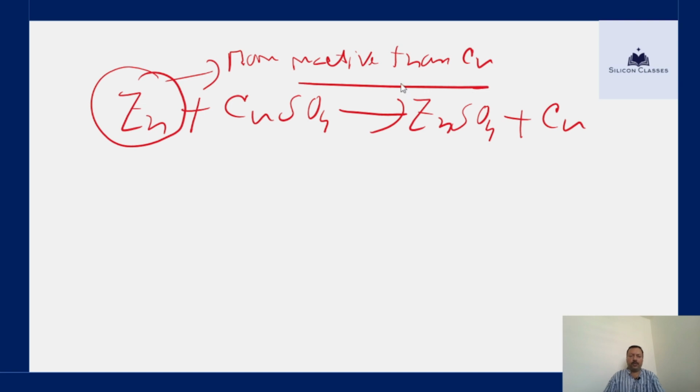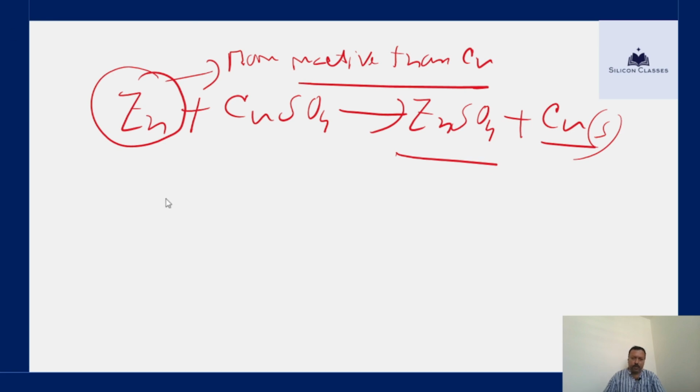What we have discussed in the earlier slide: whatever element is more reactive than any other component, it will displace that particular component from its compound or from its salt to form the corresponding salt. Here zinc is more reactive than copper, so zinc will displace copper from copper sulfate to form zinc sulfate and copper solid.